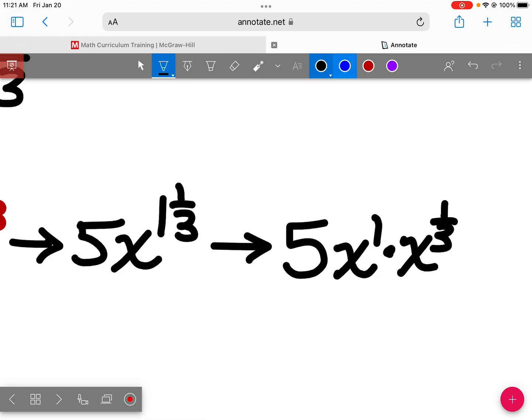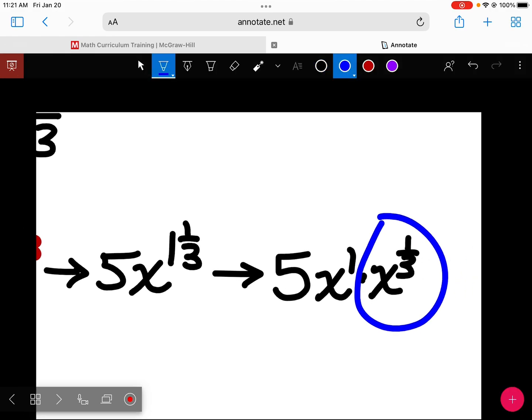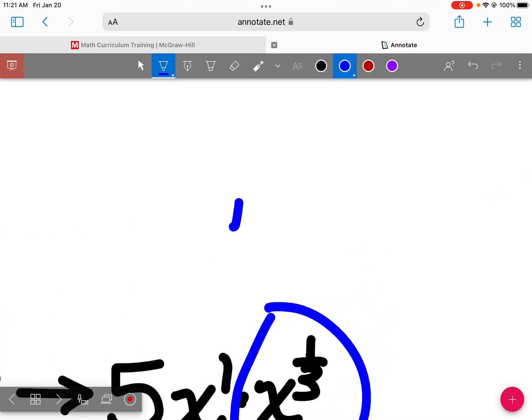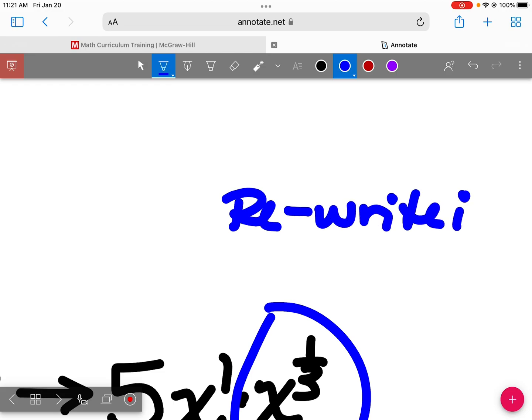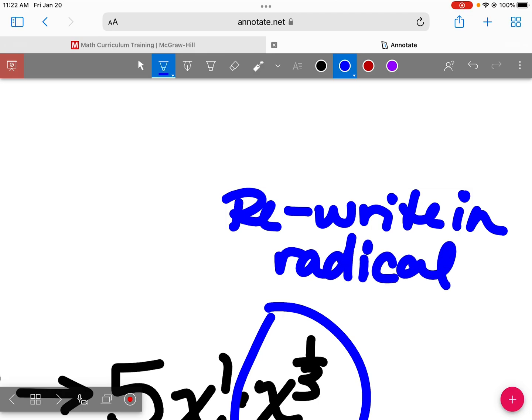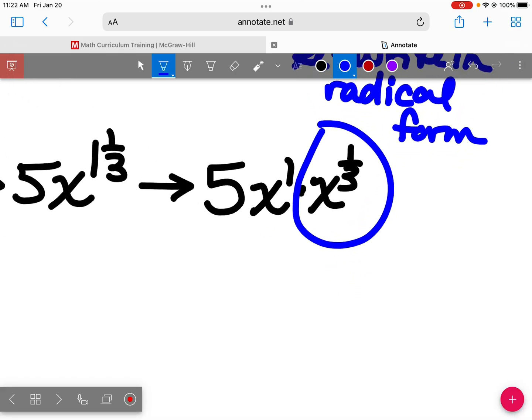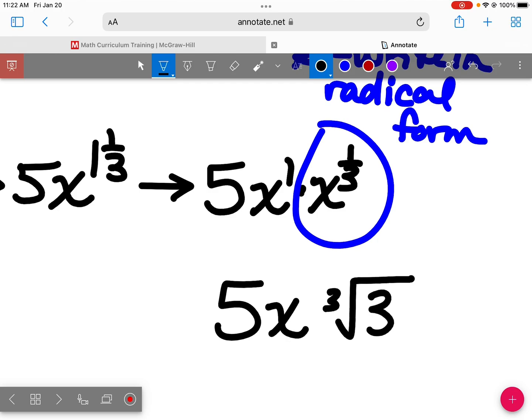How can I rewrite this in radical form? Yes. So I have the index of 3. This is going to be 5x, and then the cubed root, not of 3, the cubed root of x.